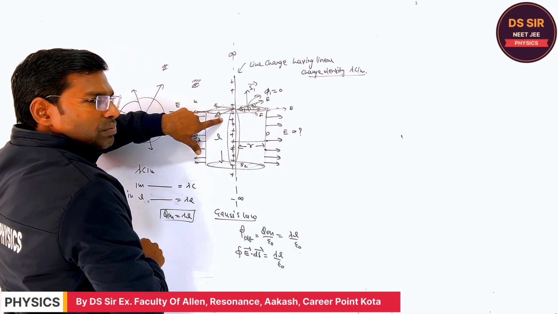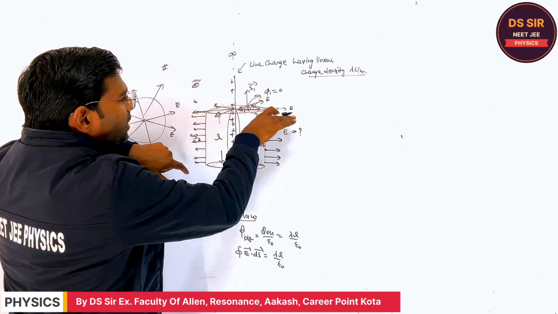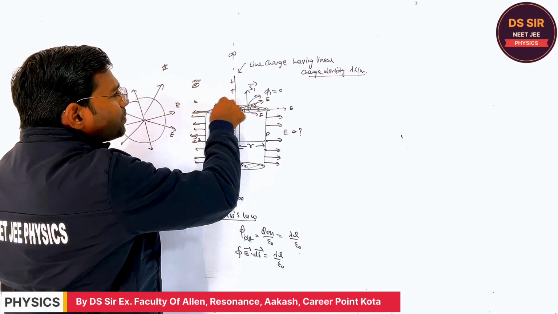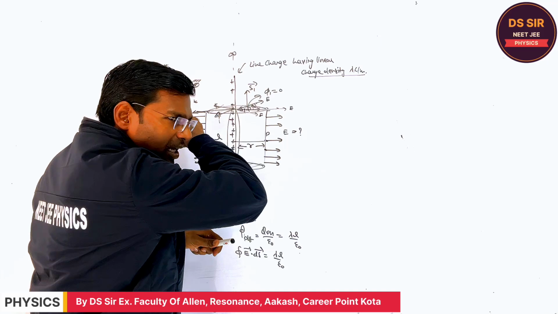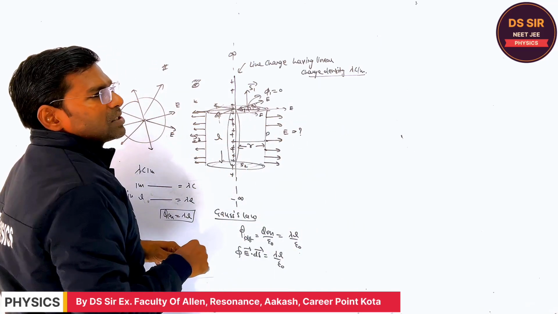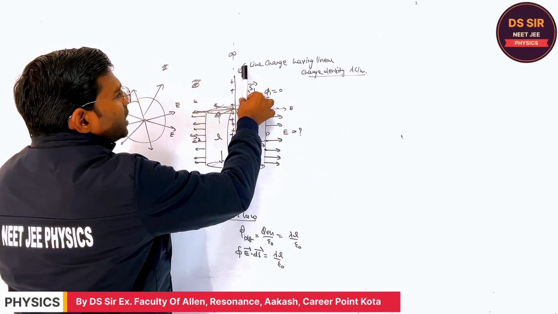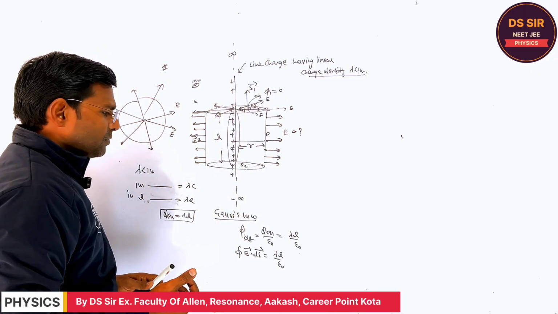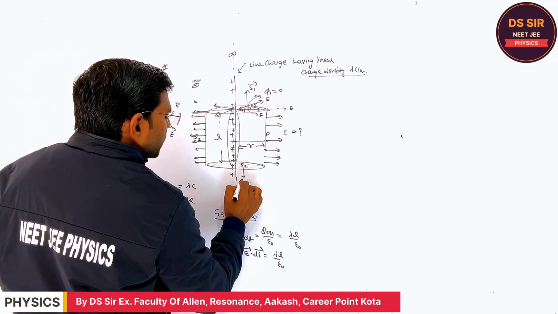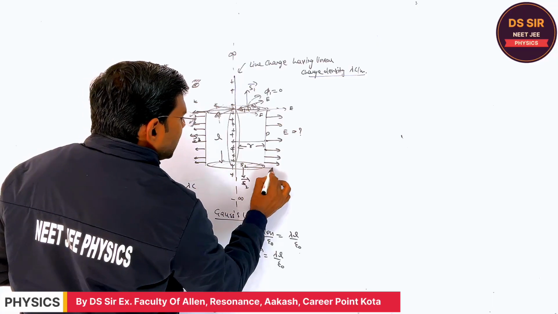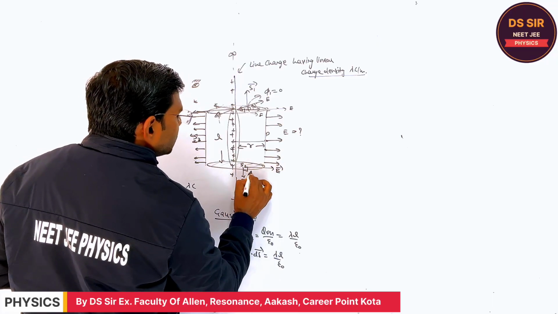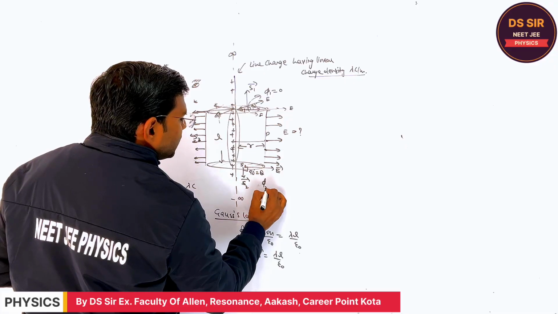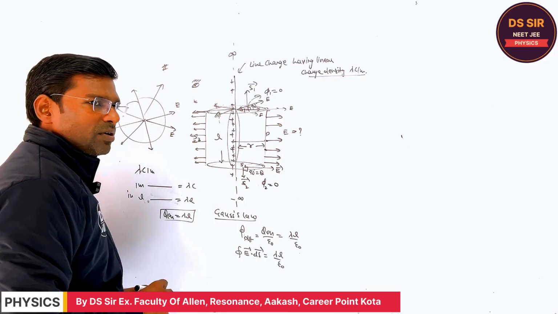Zero, because the electric field is in the plane of the circular surface, that is, the area vector is perpendicular to the electric field. In the same way, for S2, theta is again 90 degrees and the flux linked with this surface is 0. Are you getting or not?